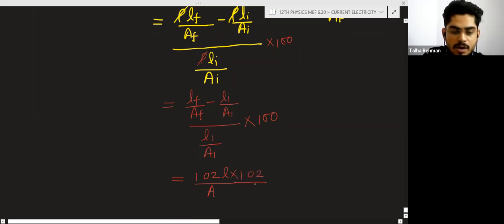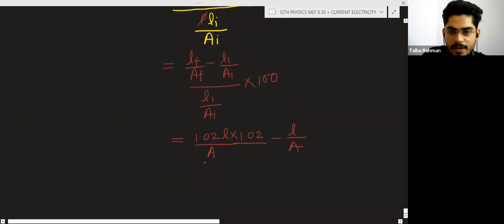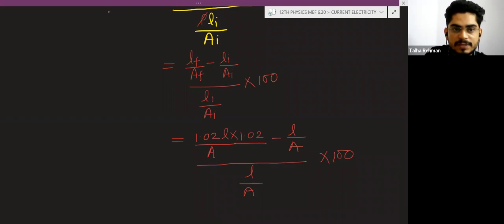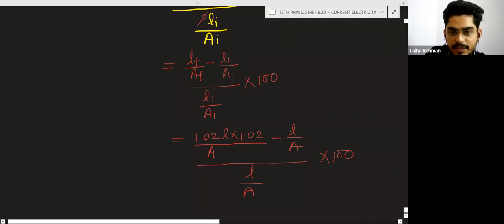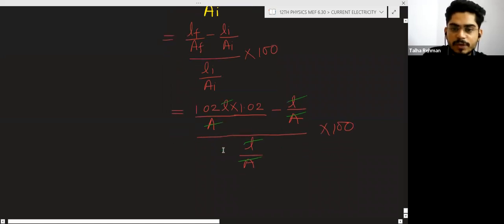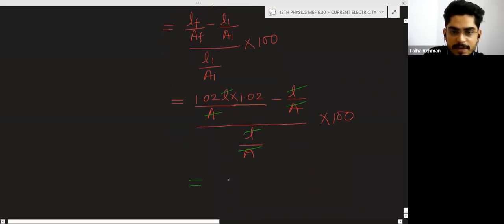This is L initial, L by A, and this is L by A, and this is multiplied by 100, and L by A cancels out from everywhere. When you calculate, you will get the answer 1.02 square minus 1 into 100.